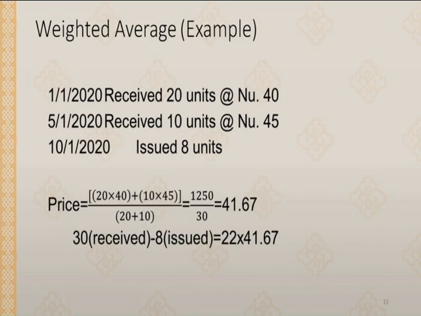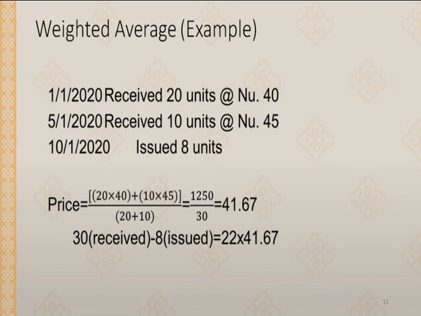Okay, now the second one is the weighted average method. With the same example we have a different calculation. As we have already seen in the meaning itself, the rate of issue is computed using the formula: total amount divided by units available. The units are 20 plus 10, and the amount is quantity times price.